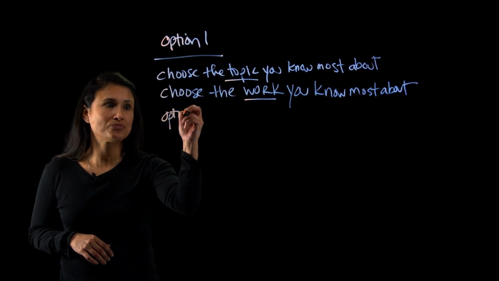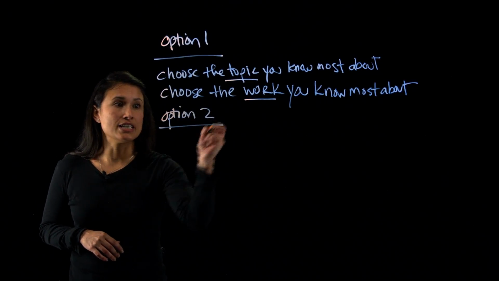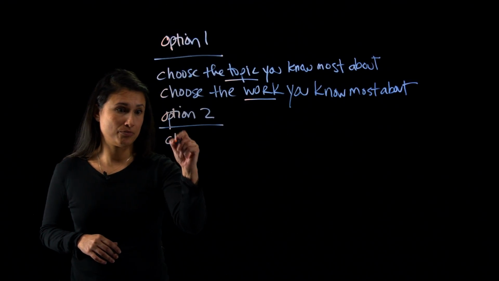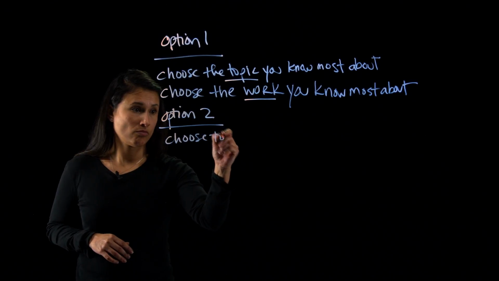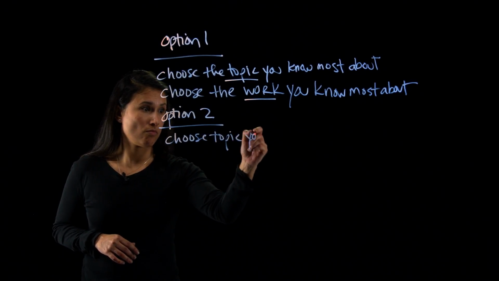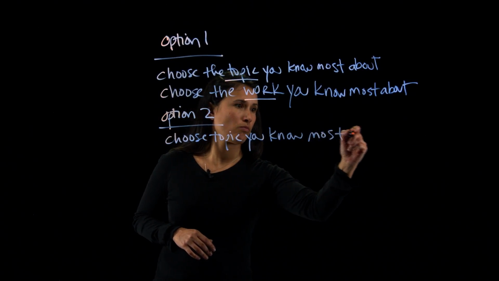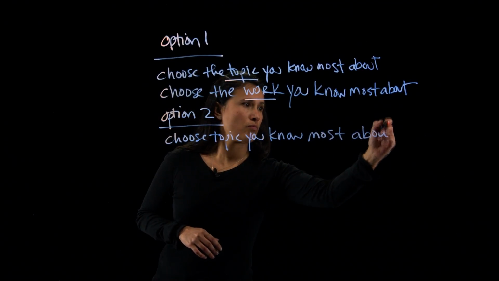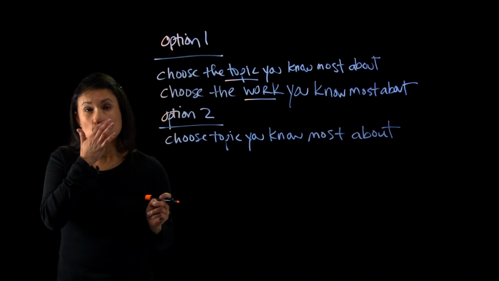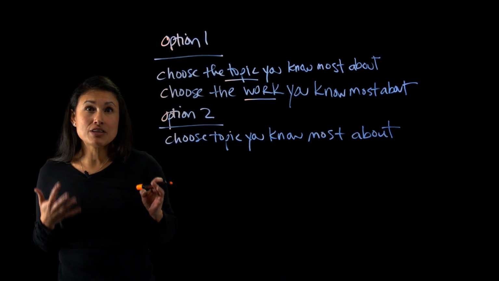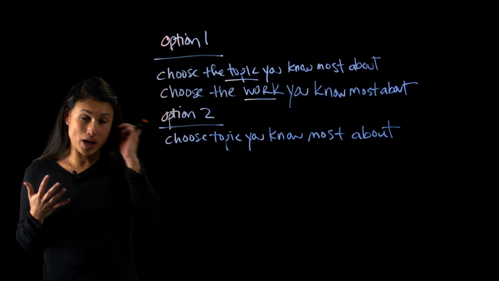Option two is you choose the topic you know most about. You choose the topic you know most about because you can talk about it even if you don't know the works as well.